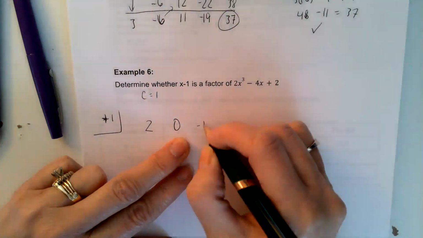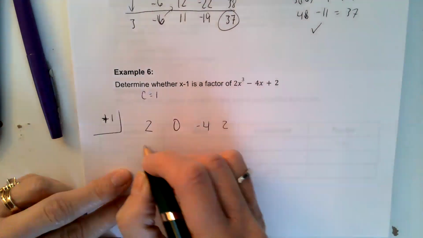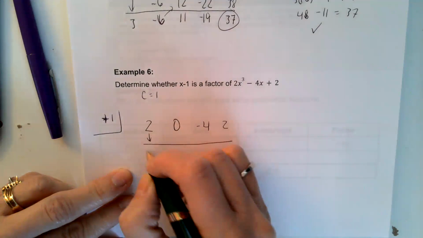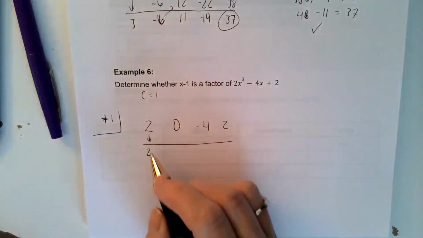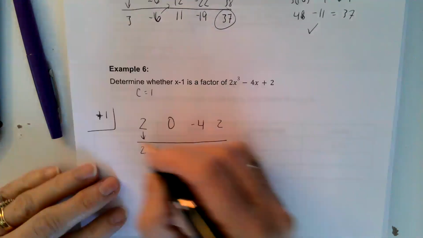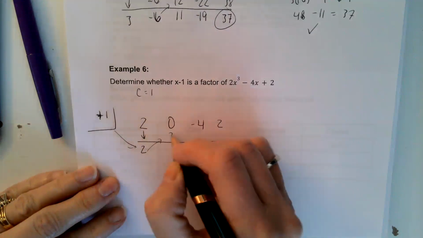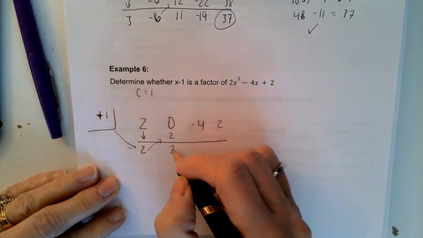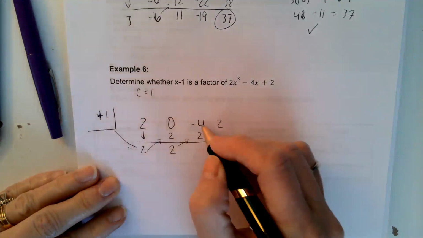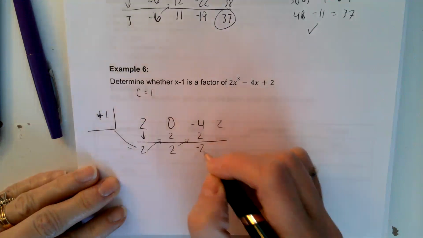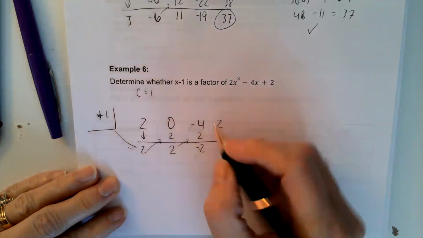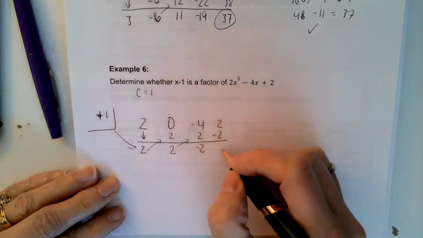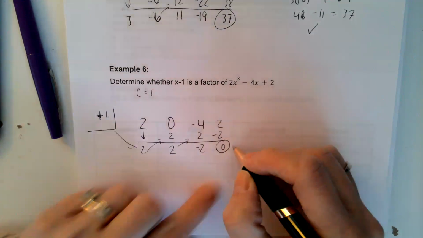I have a negative 4 and then 2. So I bring down my 2, I multiply it by 1, and it goes here, and I add. 0 plus 2 is 2. Again, 1 times 2 goes here, and I add, and I get a negative 2. 1 times a negative 2 is a negative 2, and I add and I get 0.